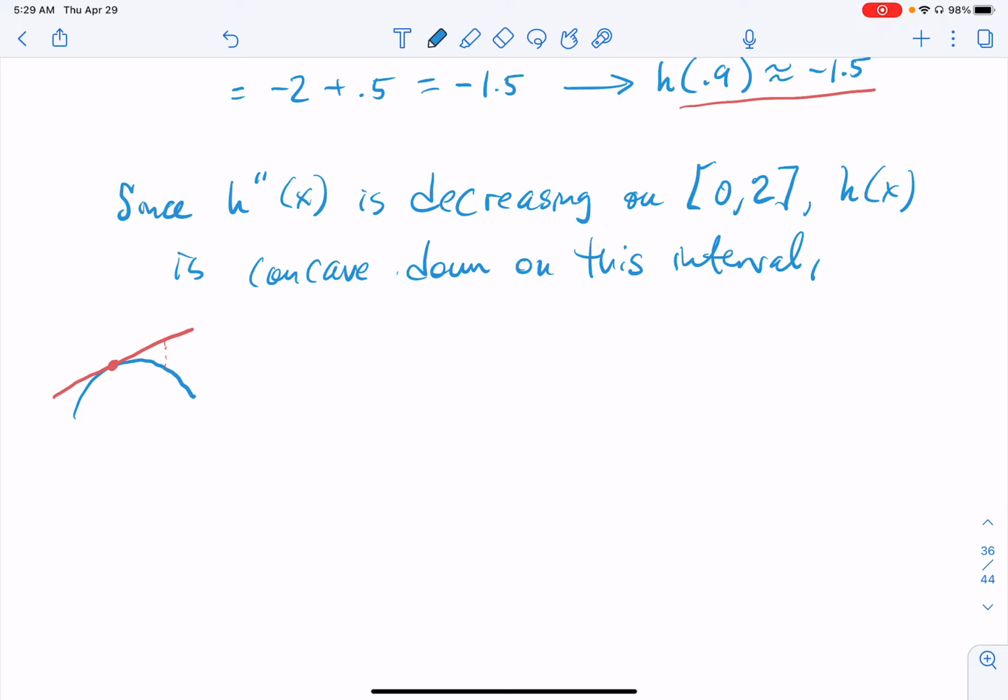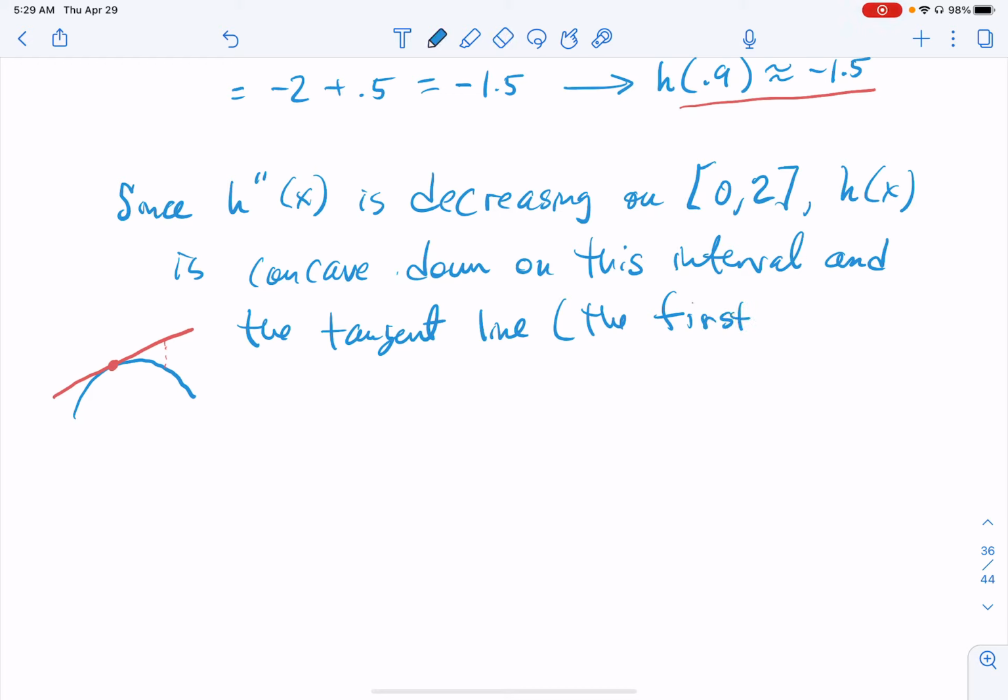Is concave down. Here, I'll just put an and. The tangent line, or maybe I even say the first degree Taylor polynomial. This is extra. The fifth degree. First, good thing it's not a spelling test.